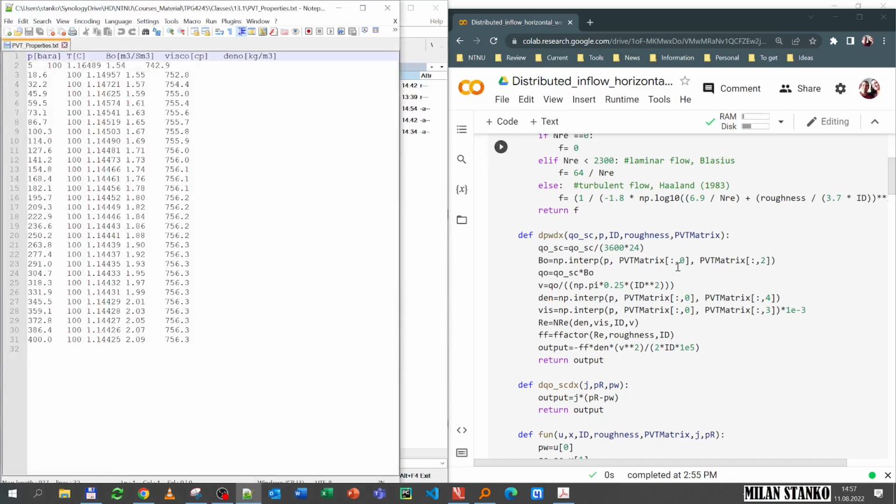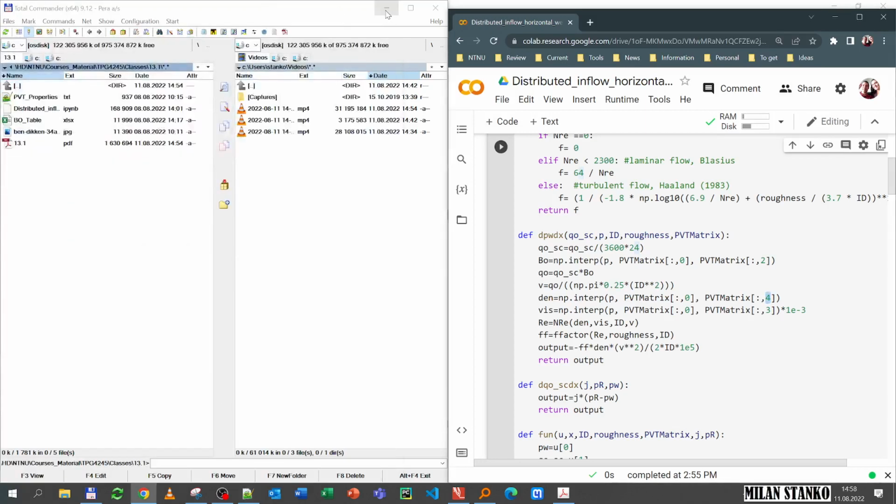If it's 0, that will be pressure, which is in column 0, then temperature is number 1, then BO is number 2. And then viscosity is number 3, so here viscosity is read from number 3, and density is number 4. We could have simply used constant values, but I think it's important, as we have mentioned, that these properties change and vary with pressure. We should take their variation with pressure into account.